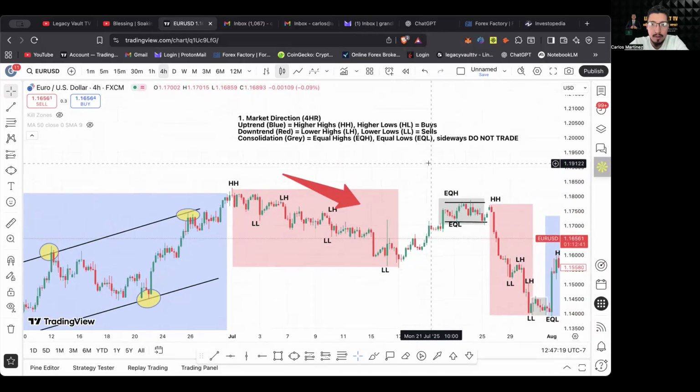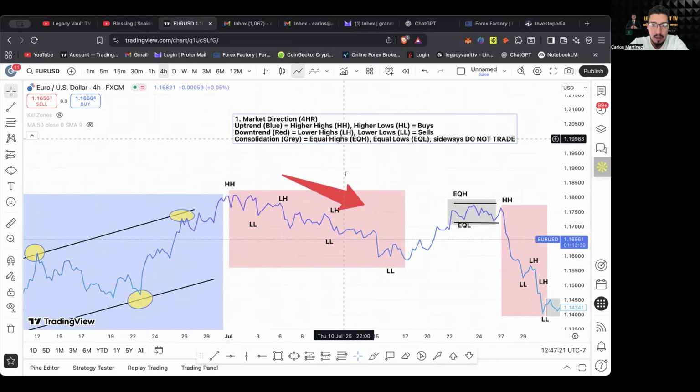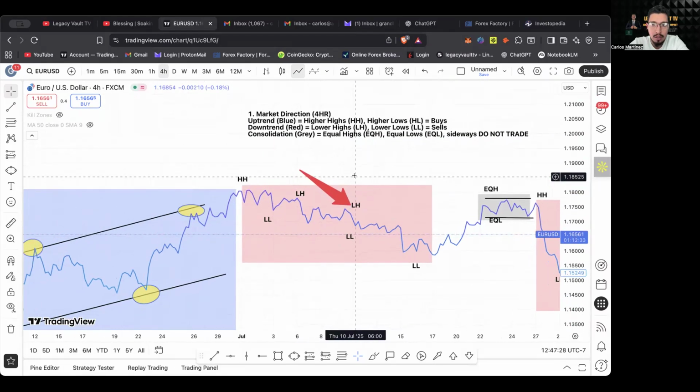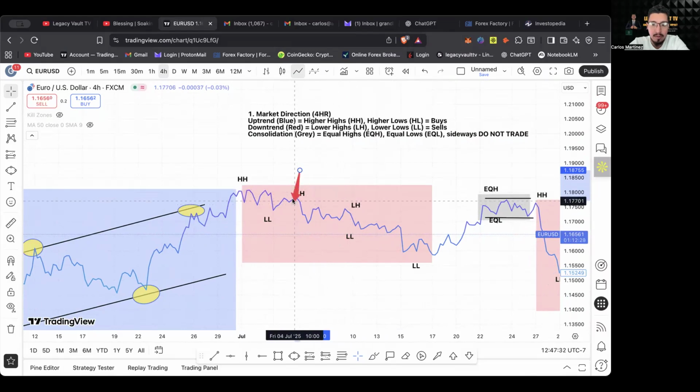It's also good to look at the line chart to see the different peaks in the market. So when you change the chart from candlestick to a line chart, you're able to see these different peaks. Lower low, I'm sorry, lower high, lower high. This peak is lower than this previous peak.